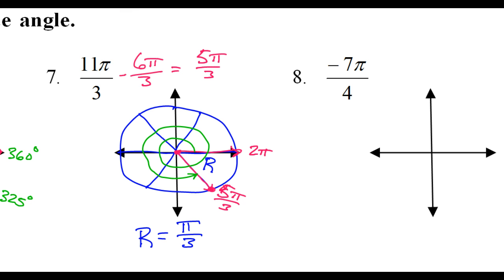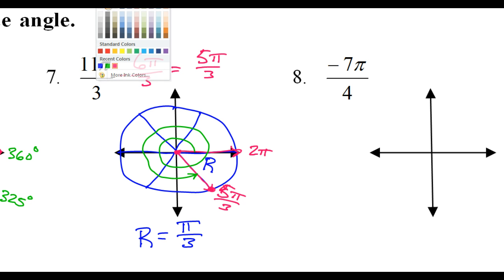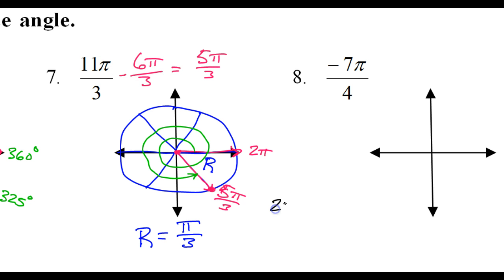So if I wanted to find the reference angle, and I'm doing it the long way here, I would have to go, okay, the difference between these two, the big one minus the small one, 2 pi minus 5 pi over 3.